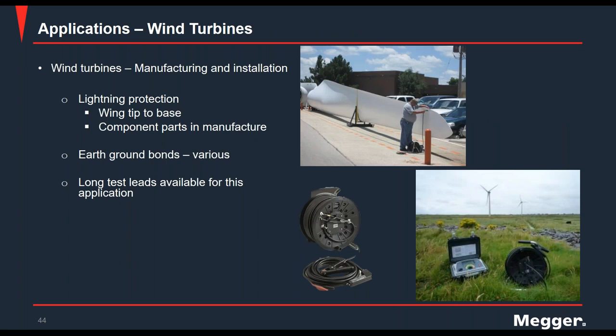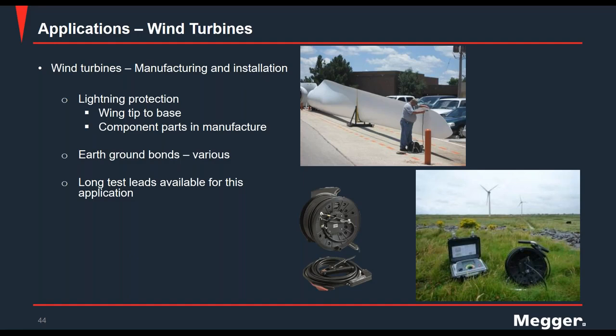Now, moving on from circuit breakers, let's look at wind turbines. Wind turbines have several steps where you would need to measure low resistance values in the manufacturing and the installation phases. For wind turbines, you have lightning protection. From your wingtip to the base, a low resistance connection is required.